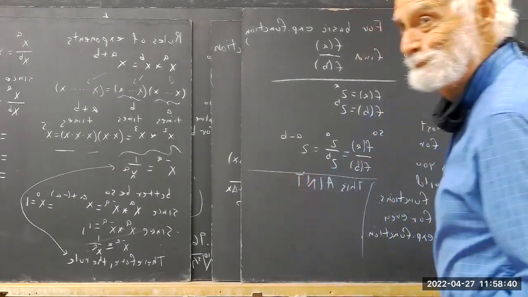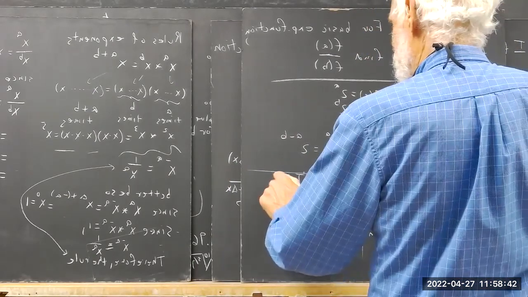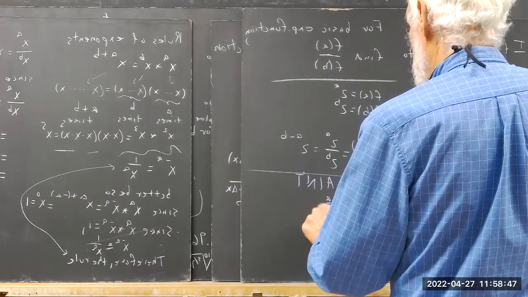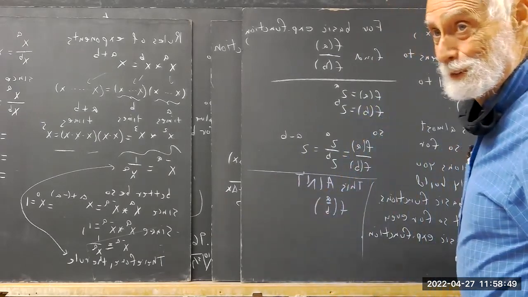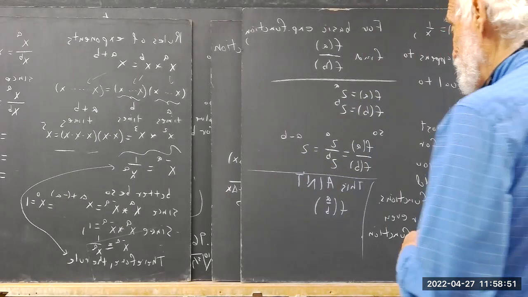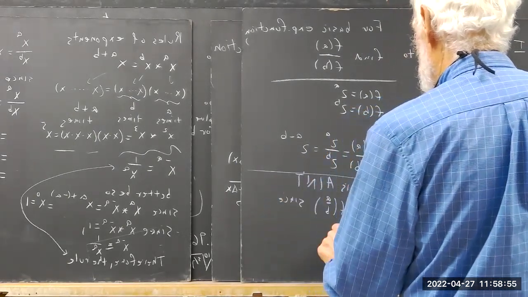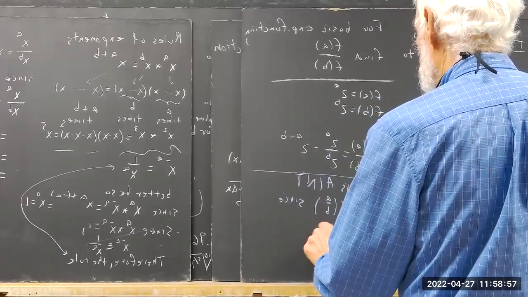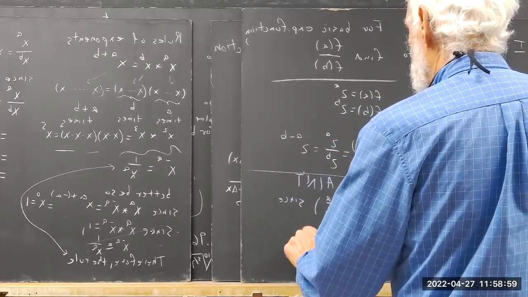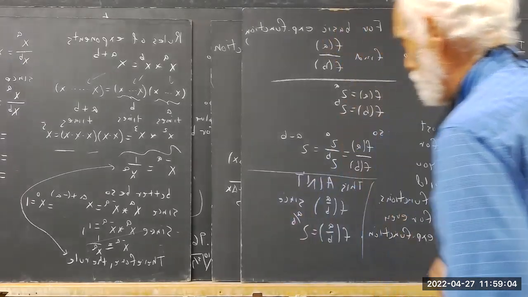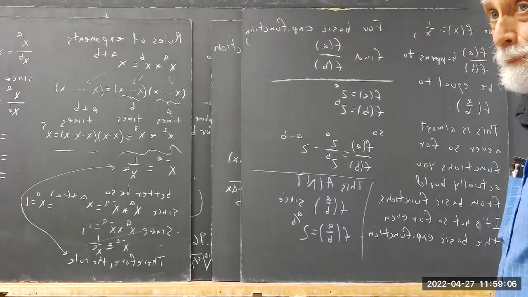If f of a over b, since f of a over b would equal 2 to the A over B. Okay.